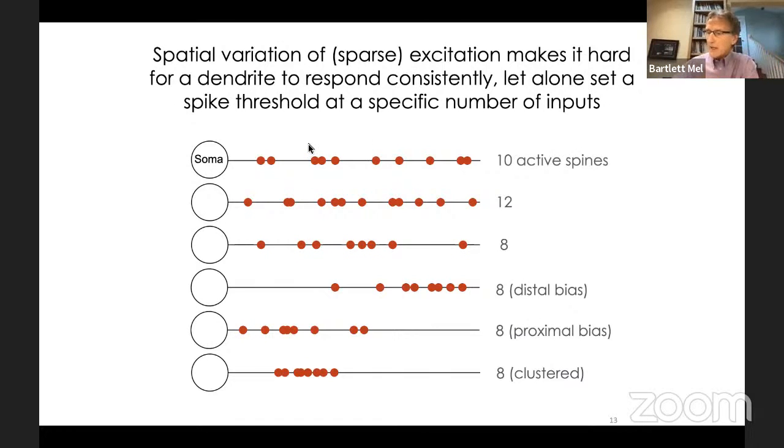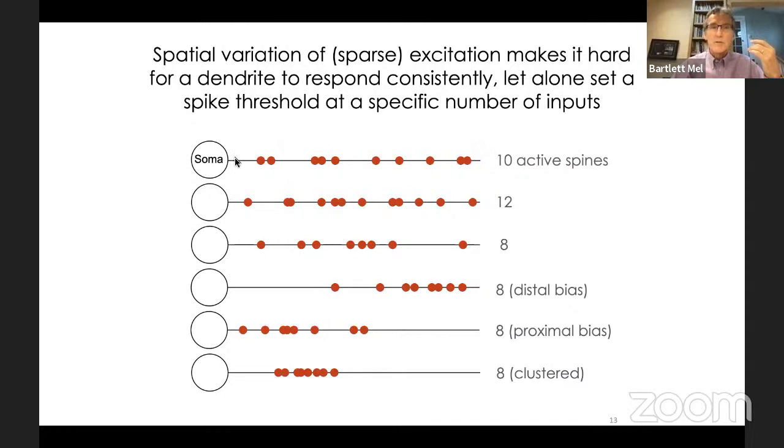So think about it this way. Suppose we had even the simplest thing you could think of, that you're going to stimulate a dendrite over and over again with the identical kind of input, namely every synapse has an equal probability of firing. It either does or doesn't, and you're going to get patterns of activation. And so, for example, imagine this dendrite that has a bunch of spines on it, and on average, 10 of them are active.